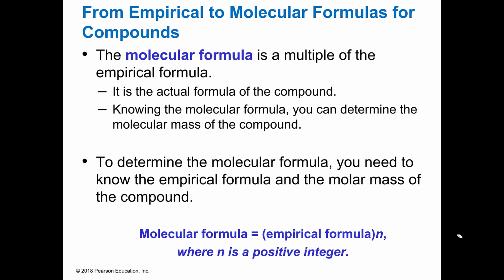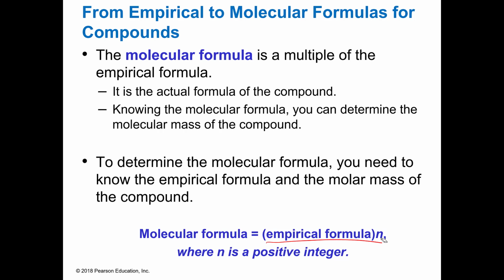Remember, the lowest whole number ratio. And so when you get the molecular formula of something, it's actually just a multiple of the empirical formula. In order to get the molecular formula, you have to know the empirical formula, and then you have to know what N is. And N is going to be your multiplier. And how do you know that?